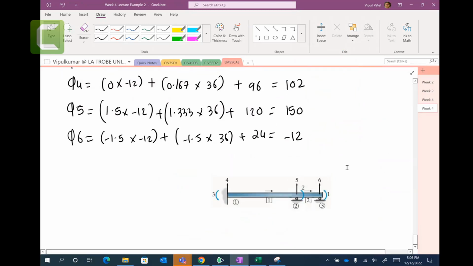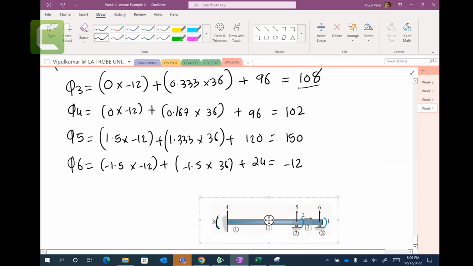So Q3 is 108 kilonewton meters. Q4 is 102 kilonewtons going up. Q5 is 150 kilonewtons going up, and Q6 is minus 12, meaning it's going to go down 12 kilonewtons. All right, so this is the whole story.